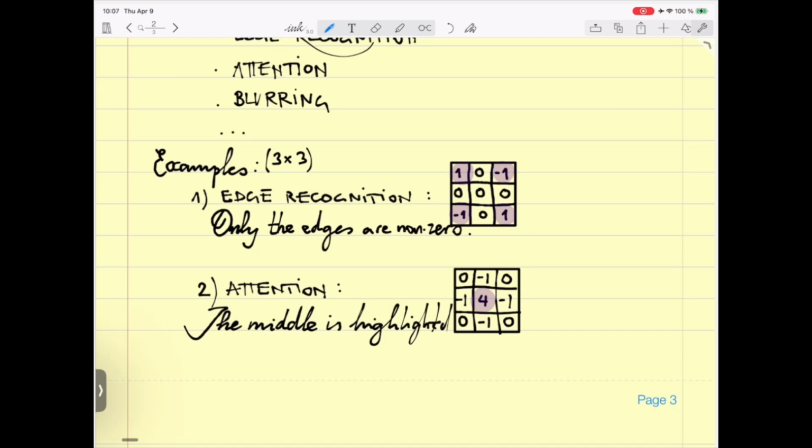Okay, of course we can make it stronger if we go ahead and say instead of multiplying by 4, we multiply by 8. Okay, this is a stronger attention kernel.